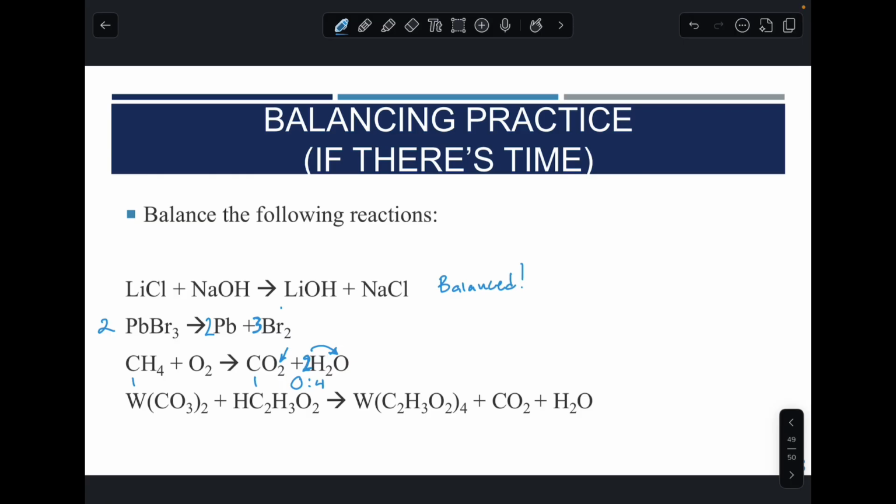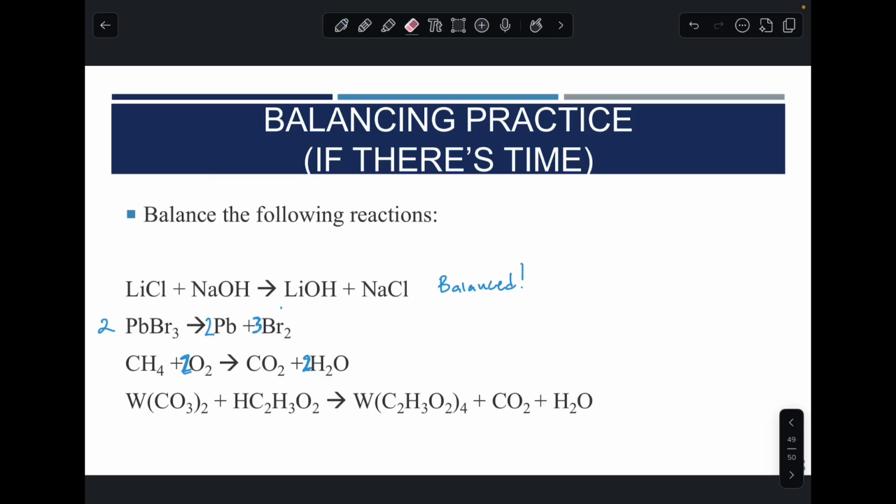So our overall count for oxygens is 4, so we just need to put a 2 right there, and that gives us our answer. There we go. So now there's 4 oxygens, and we can double check. We have 1 carbon, 4 hydrogens, 4 oxygens on both sides. Perfect.